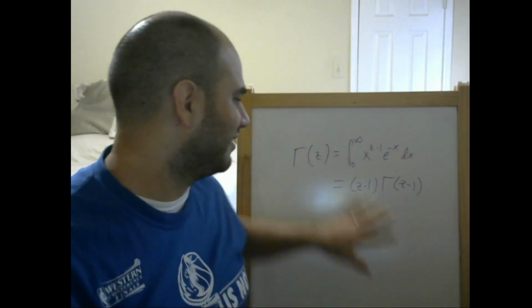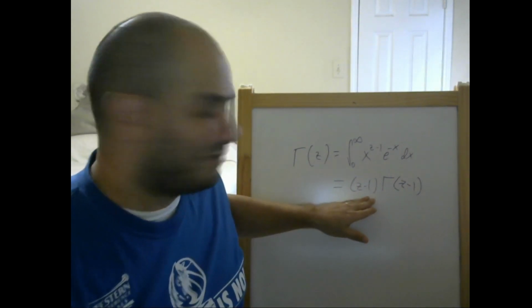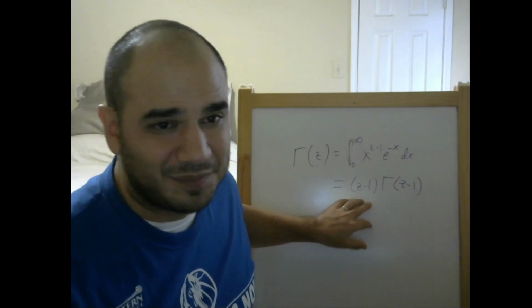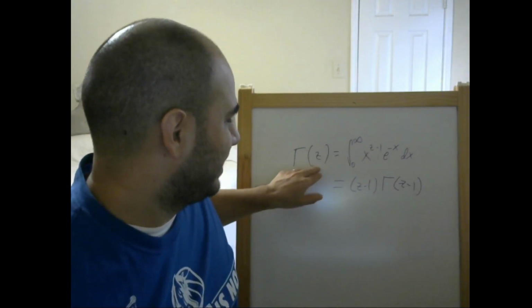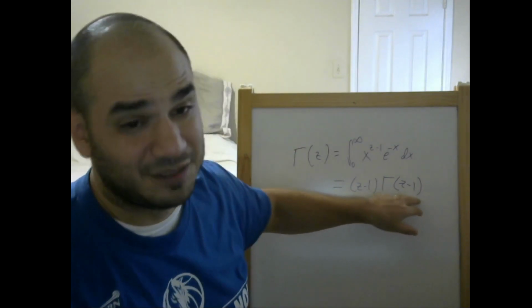Let's take a look. So this is the definition. And this is the functional relationship that makes it the factorial. So you go from gamma of z to z minus 1 times gamma of z minus 1.